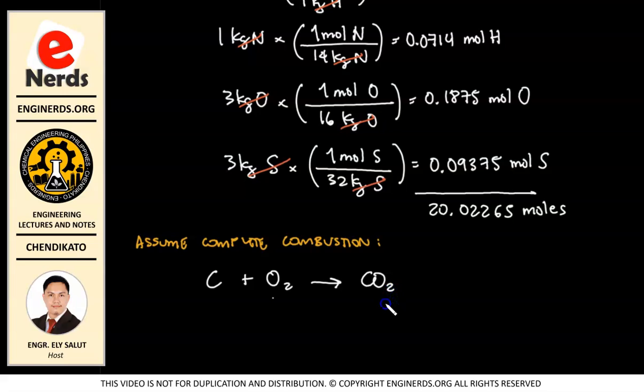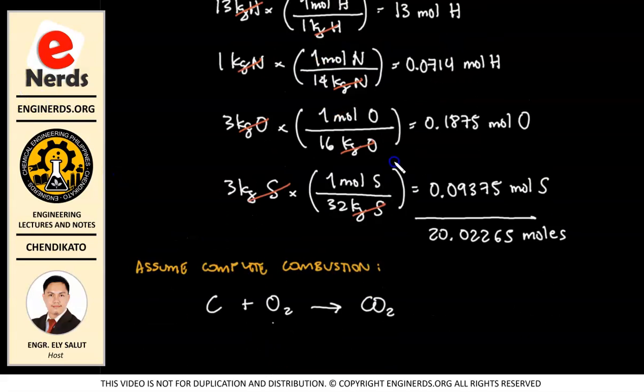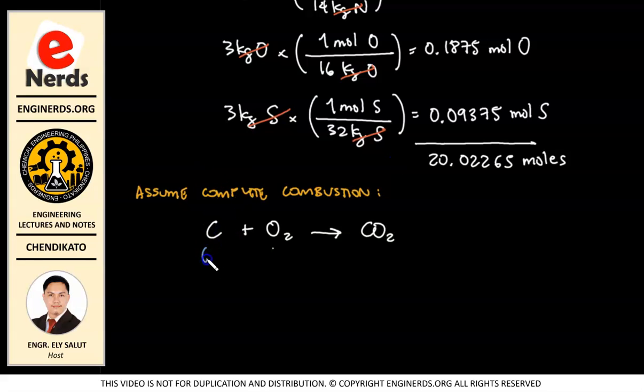How much carbon do we have in here? We have 6.67 of carbon. All of our components are in a 1:1 ratio, so that means we also have 6.67 O2 and 6.67 CO2.